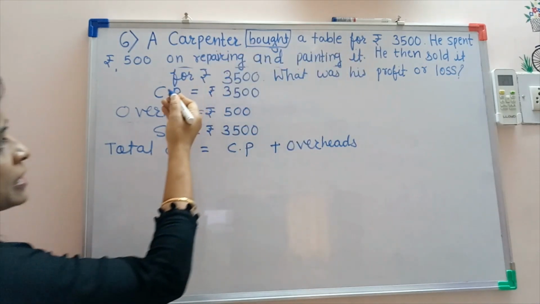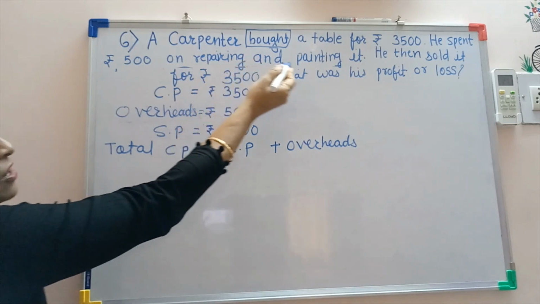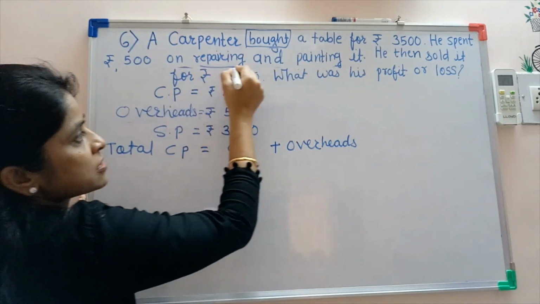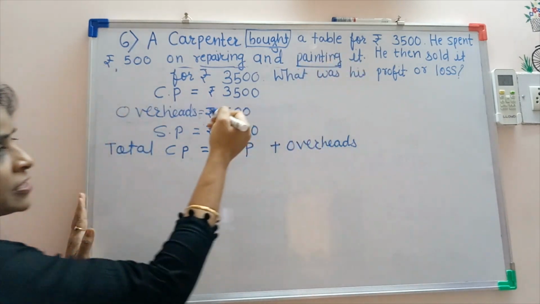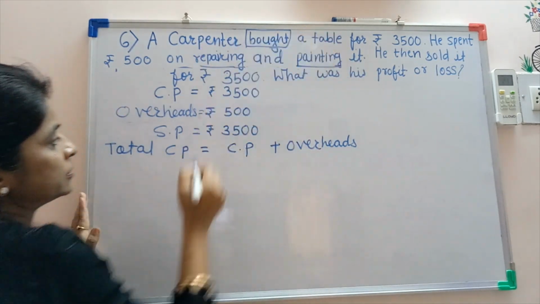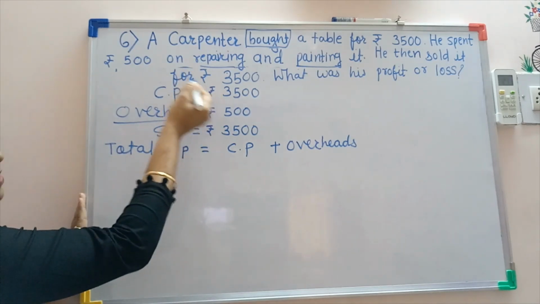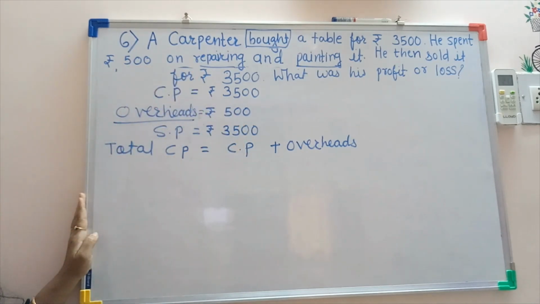Repairing and painting are the extra expenses which he spent on the table, that is nothing but the overheads. The overheads is equal to rupees 500.